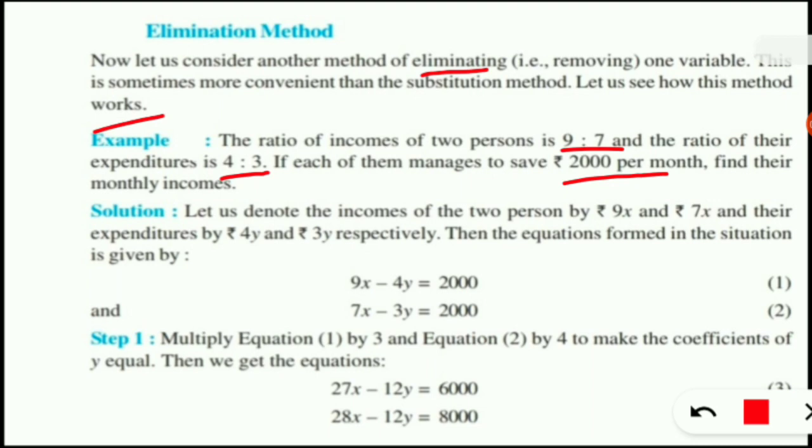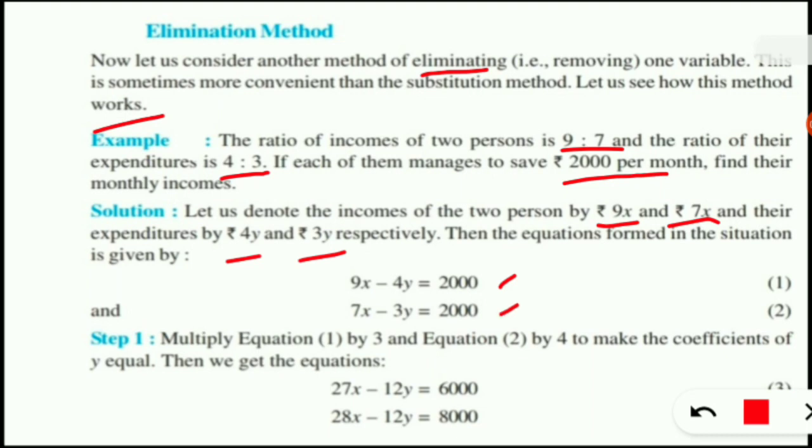So solution, let us denote the income of the two by 9x and 7x and their expenditure by 4y and 3y respectively. Then the equations from the situation are given by 9x minus 4y equal to 2000 and 7x minus 3y equal to 2000.